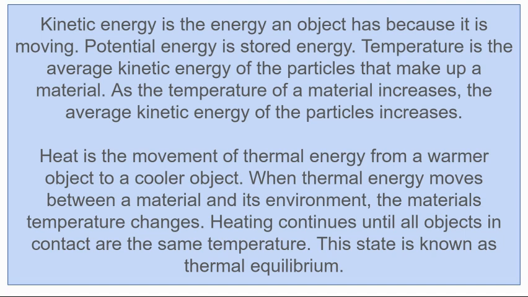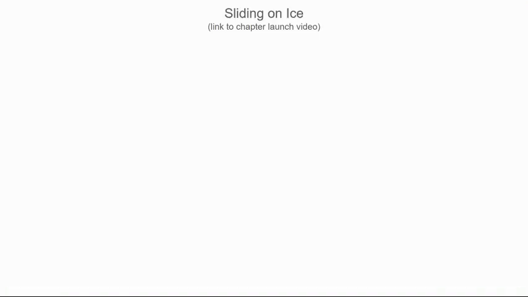When thermal energy moves between a material and its environment, the material's temperature changes. Heat continues until all objects in contact are the same temperature. This state is known as thermal equilibrium. So when they're all the same temperature, we have reached thermal equilibrium.